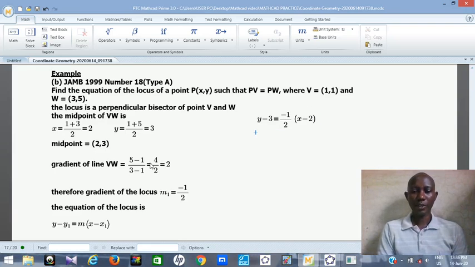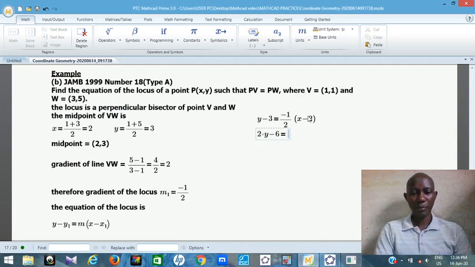Then you can finish your solution by putting this equation in the right order. When you multiply each term by 2, you are going to have 2y minus 6 is equal to, when you open the bracket with minus 1, it's going to give you minus x plus 2. So minus 1 times x is minus x, then minus 1 times minus 2 is plus 2.